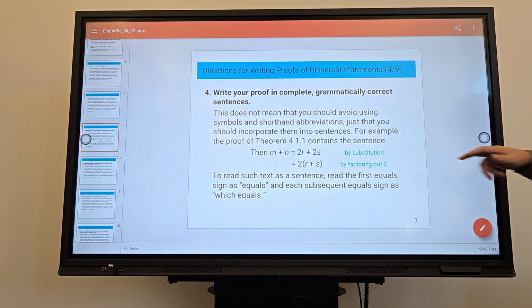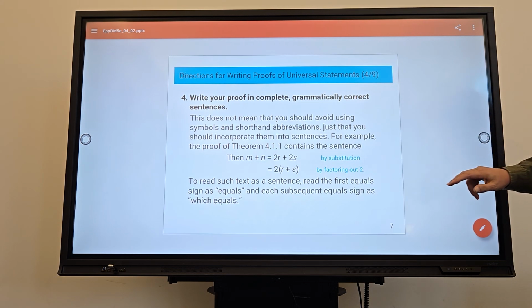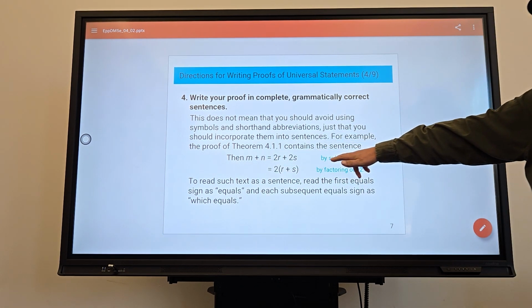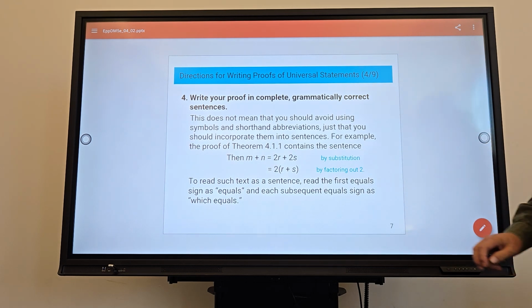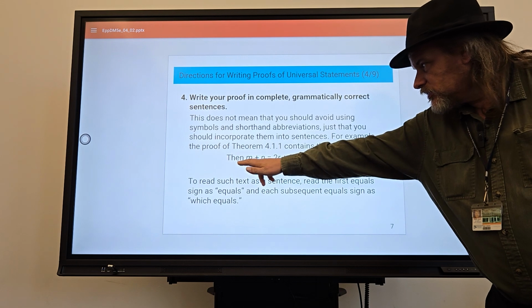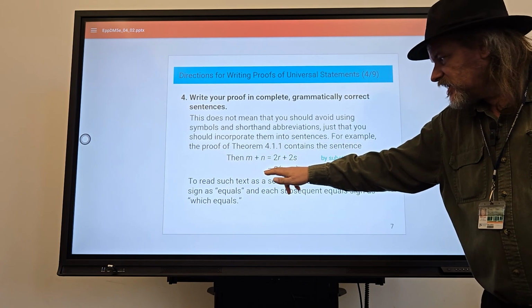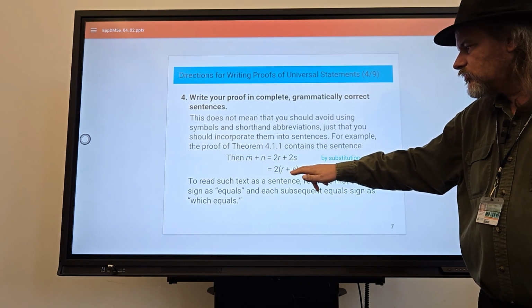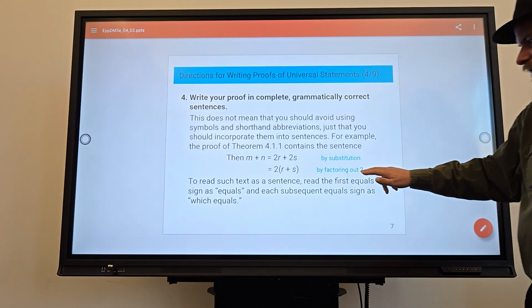That's by substitution. So that's a complete sentence. Okay, and then you can continue it down. Then m plus n equals 2 times the quantity r plus s by factoring out 2.